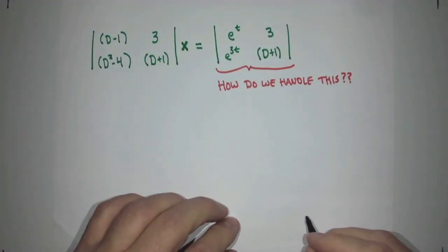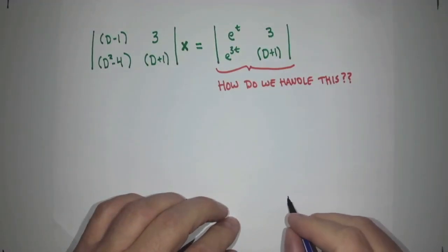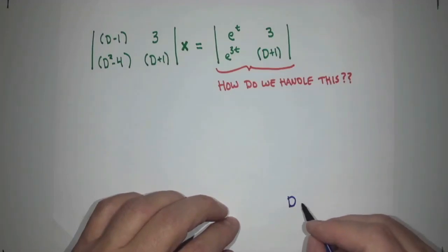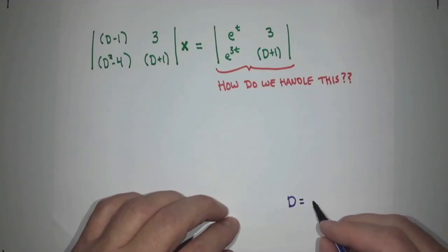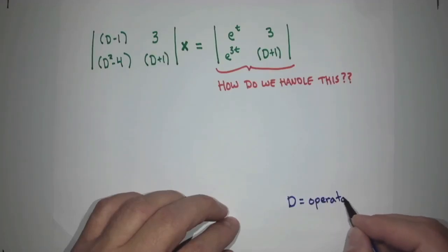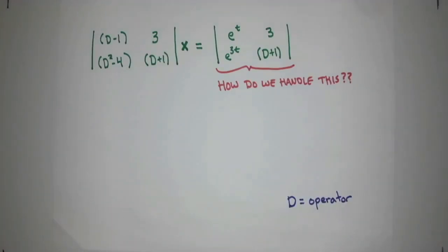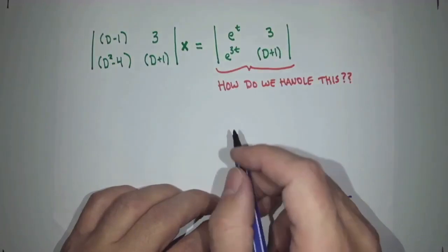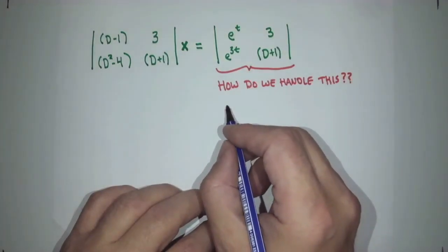Because, well, let's just remind ourselves about D. When we talk about D, what is that? It stands for take a derivative. And so there's a particular name attached to this. We call this an operator, which is something which operates on something. And so when we look at this determinant, there are really two things that could happen.